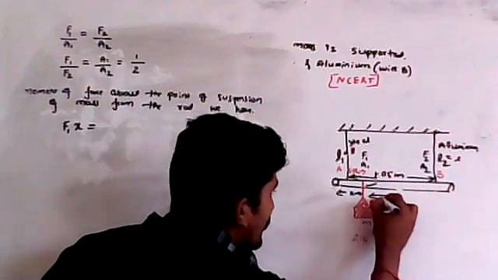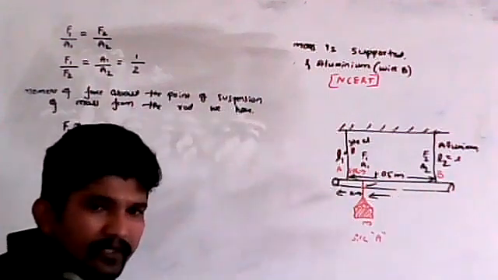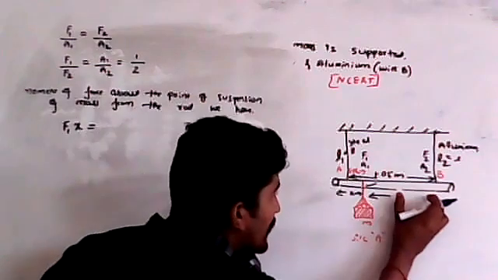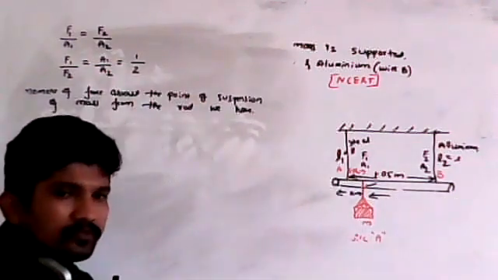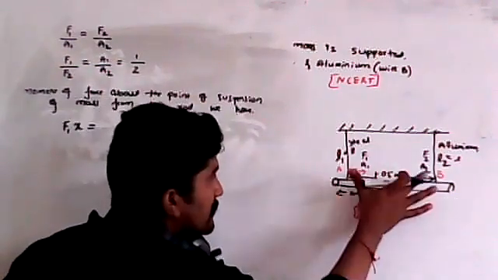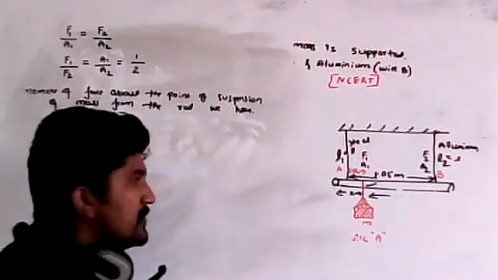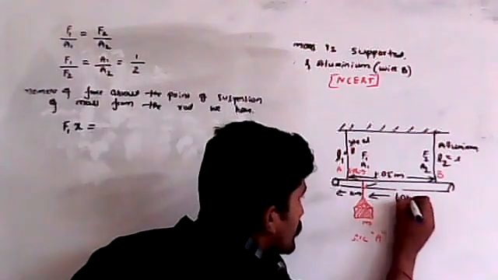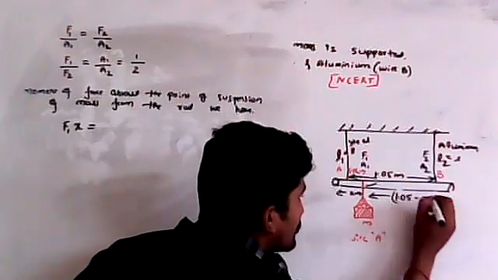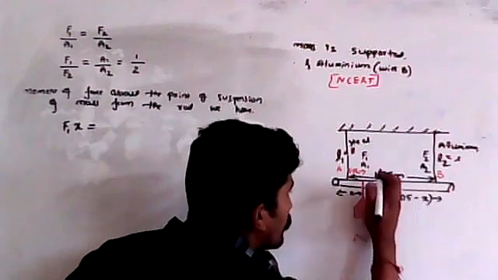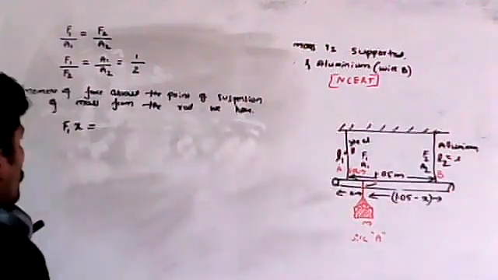What is the remaining length of this rod? If this is x and the total is 1.05 meter, what about this length? Yes, good. It means 1.05 minus x, from here to the point of suspension.